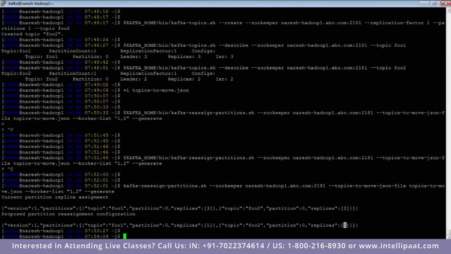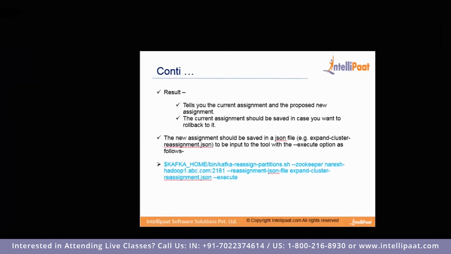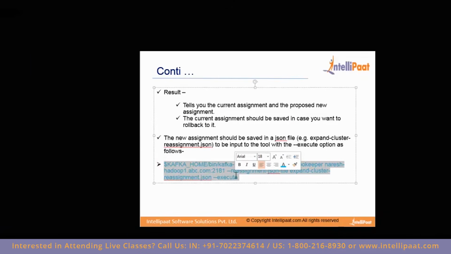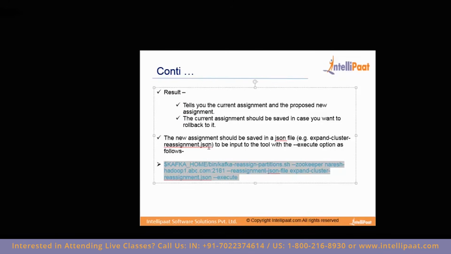Now it's time to run the execute mode. Let us run the execute mode now. Okay, before we do that, we need to create a file where we will store the proposed results, and we will use that file to run the execute mode.